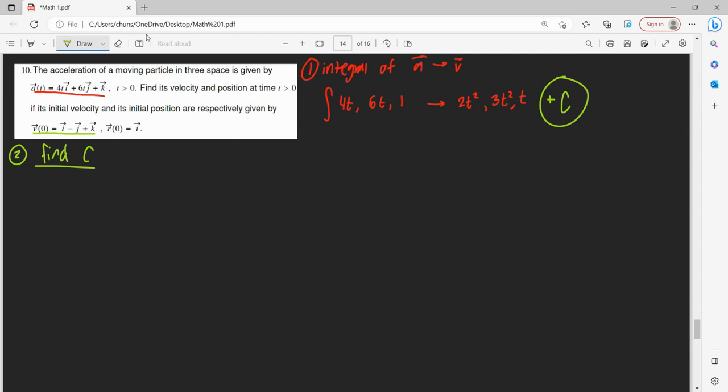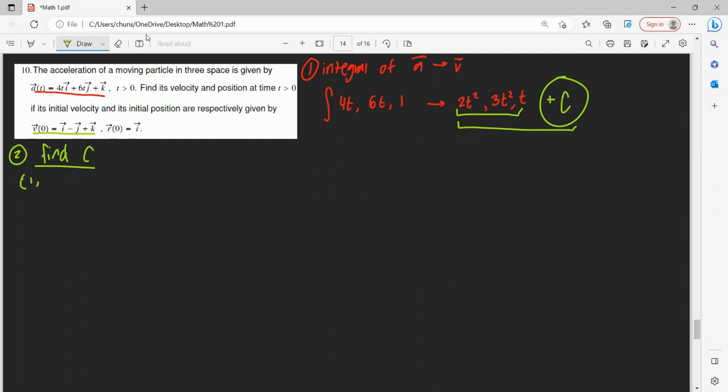So this is v at 0. So the first thing we want to do is find what this is at 0. And we know that if we move that to the other side, that would be c. So c, actually no, sorry, that's a lie. So we want this to equal that plus c. So equal all of this, right?